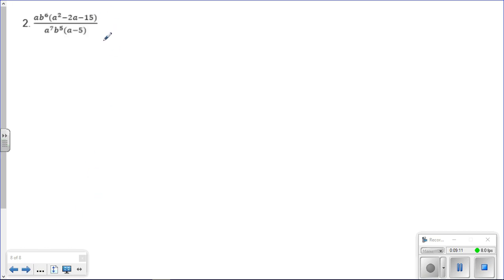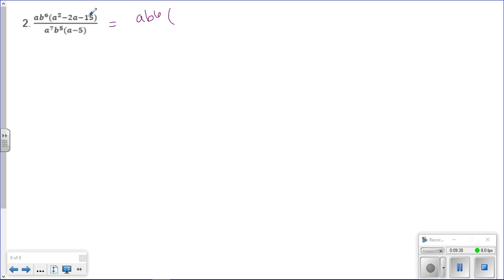All right, so we only have 2 examples, so pretty short. So this one we have ab to the 6 times a squared minus 2a minus 15 over a to the 7th times b to the 5th times a minus 5. So we want to factor what we can. So this ab to the 6, I can't do anything with that, but the a squared minus 2a minus 15, I can factor that. So I'm just going to bring the ab to the 6, and then I'm going to factor this.